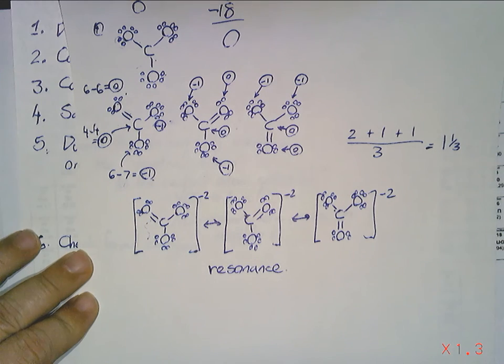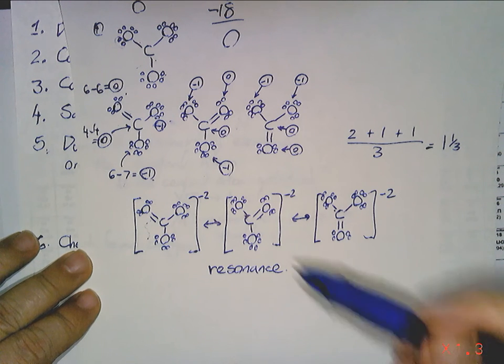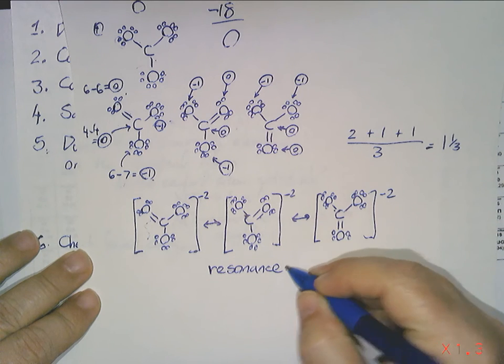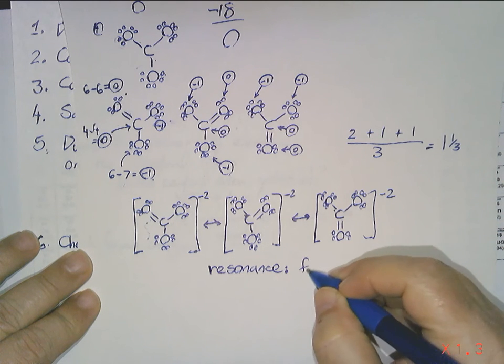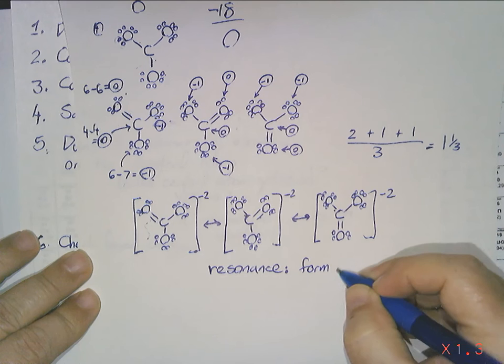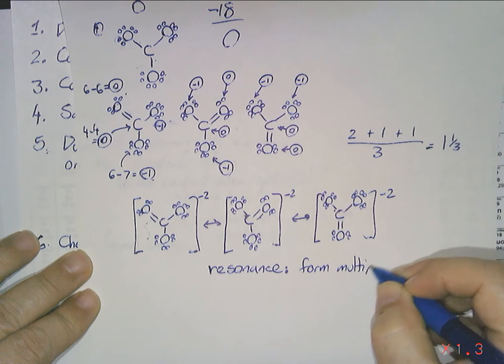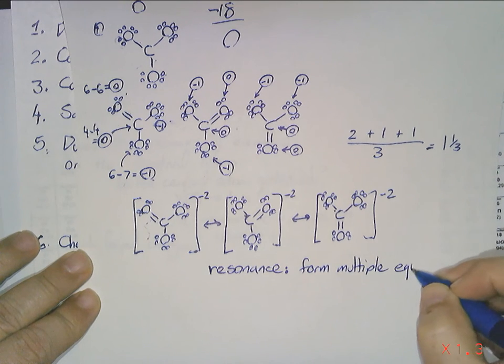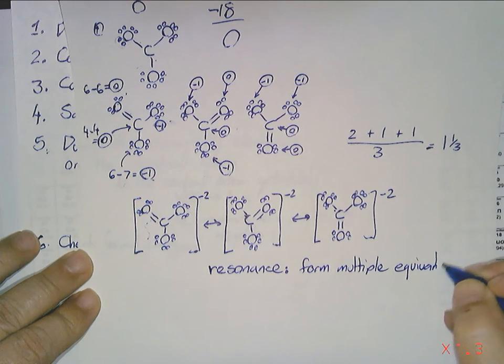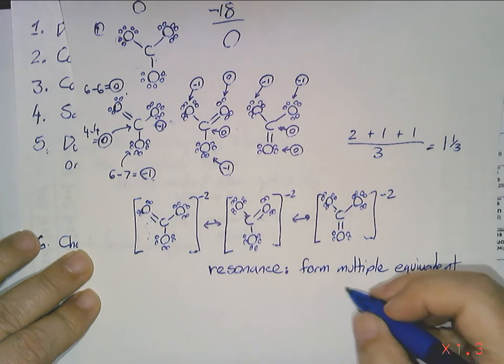You'll see on a future worksheet, the next worksheet in fact, will ask you, do you have resonance or not with a structure? You will have resonance when you can form multiple structures that have equivalent formal charges.